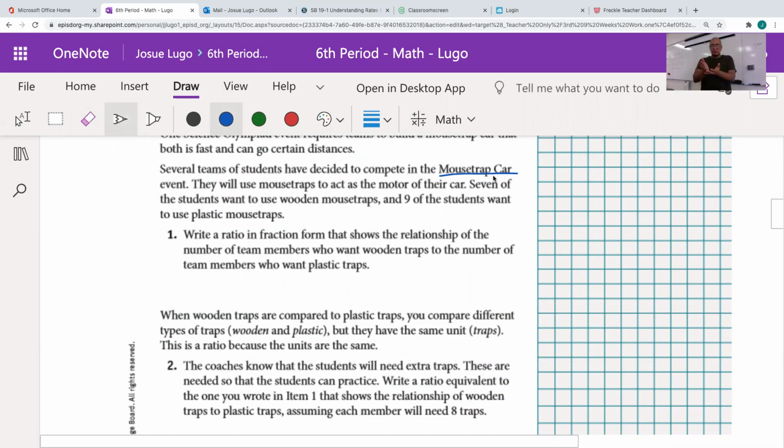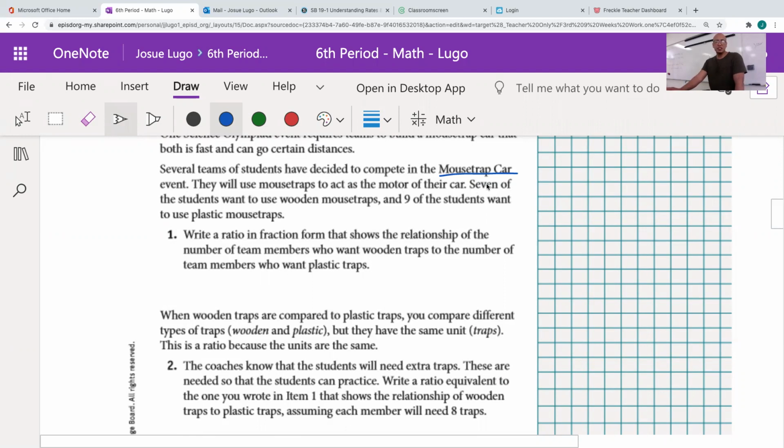It's essentially a small platform with a hinge and a little clamp that if you try to get the cheese, it's going to clamp down on you. Don't do that. If you ever see a mousetrap, it's designed to kill mice. It's a mousetrap. And so what they're doing is that they're using that spring mechanism to power these little wheels behind them. And so they're making little cars out of these mousetraps.